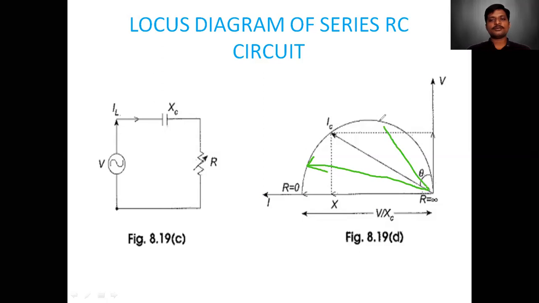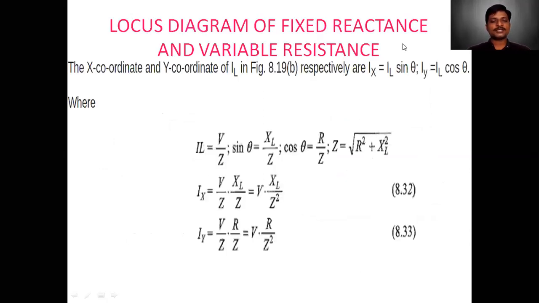When you trace all the tips of the arrowheads for an infinite number of points, you trace a semicircle along the x-axis. This is known as the locus of a series RC circuit when resistance is variable and capacitance is fixed.